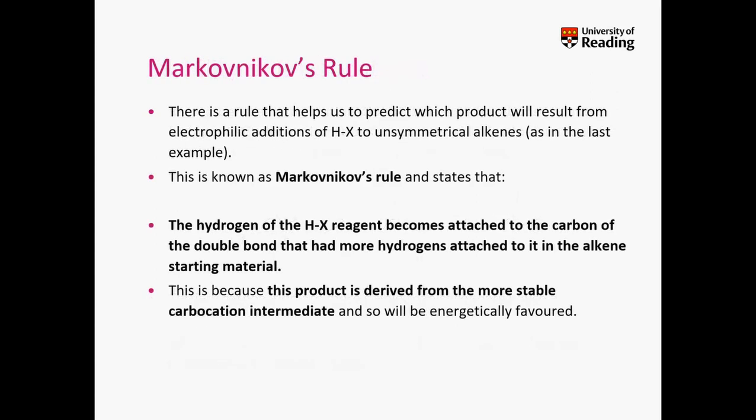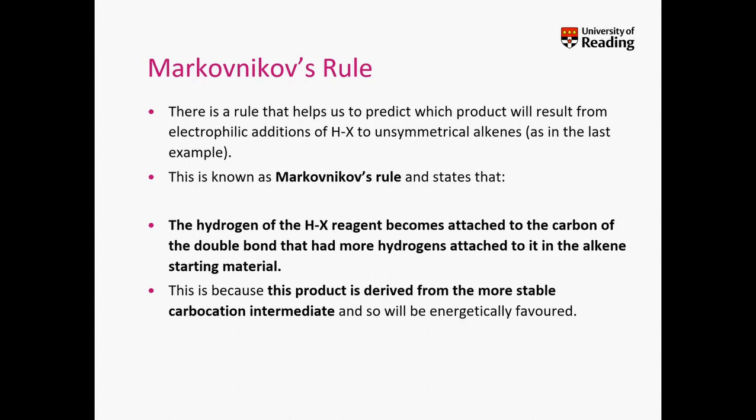So this choice of carbon that we can attack with our electrophile leads us to a rule which helps us to remember or predict which product will result, and that's known as the Markovnikov rule. And what that states is that the hydrogen of your HX reagent, so the hydrogen is going to be the proton, that becomes attached to the carbon of the double bond that had more hydrogens attached to it in the alkene starting material.